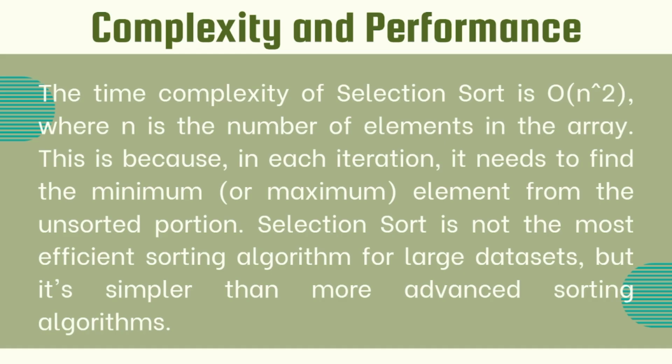Selection sort is not the most efficient sorting algorithm for large datasets, but it is simpler than more advanced sorting algorithms. It's nice, but if the data is large, its time is bigger. If there is a lot of data, it needs a long time, because it has to scan the data to see which is smaller, then swap, then scan the rest again.